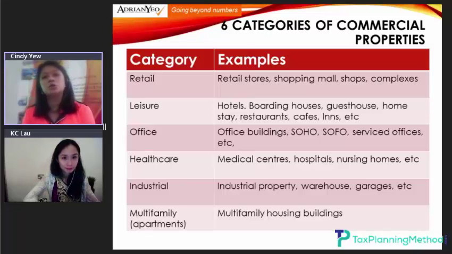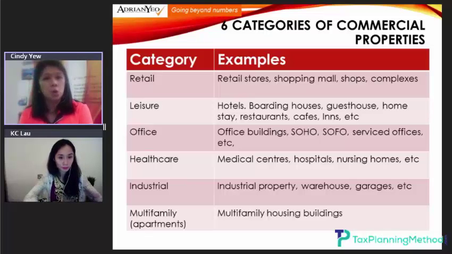However, some SOHO could be dual purpose, used for both residential and commercial purposes. So you have to be very careful with the intended use of the SOHO.